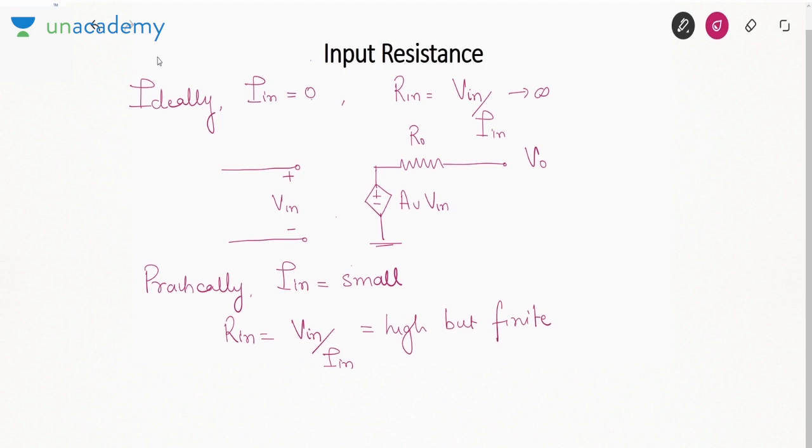So this input resistance of the op-amp is very high, but it is not infinite. Is it clear? Because this input current always lies in the range of picoampere to milliampere. So this resistance would be very high, and that is the requirement of a voltage amplifier, that the input resistance must be high for a voltage amplifier.